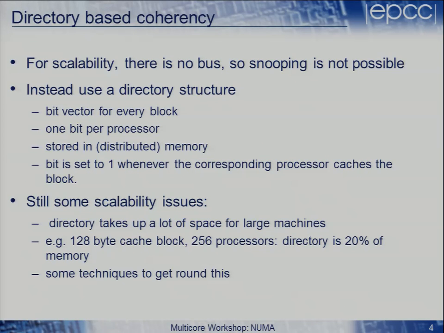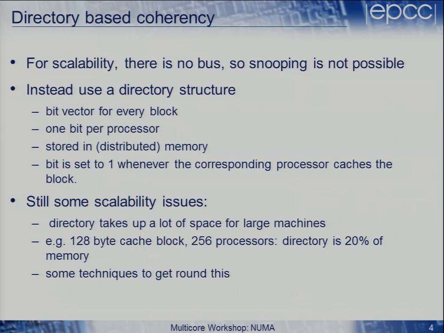So there's no snooping. What you have is a directory structure. For every cache block in the memory, you have 1 bit per processor, which is set to 1 whenever the corresponding processor caches the block.